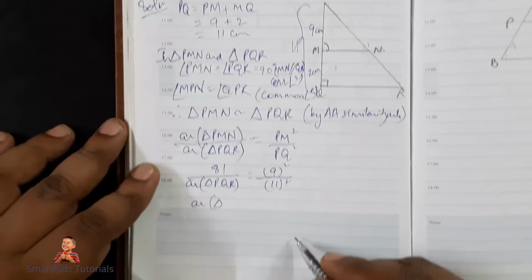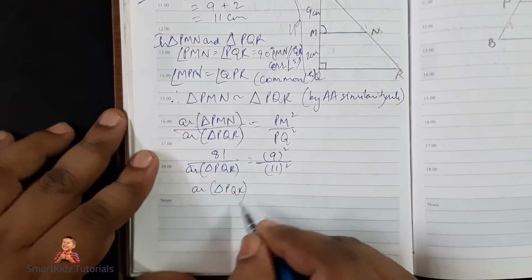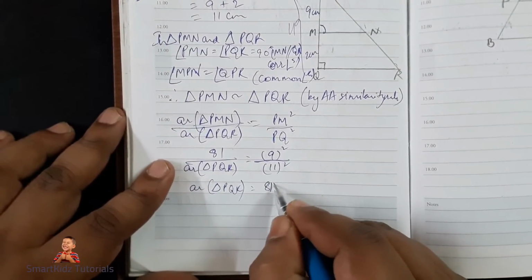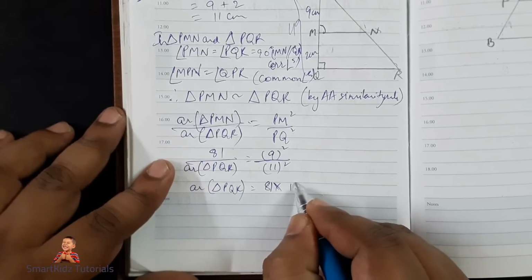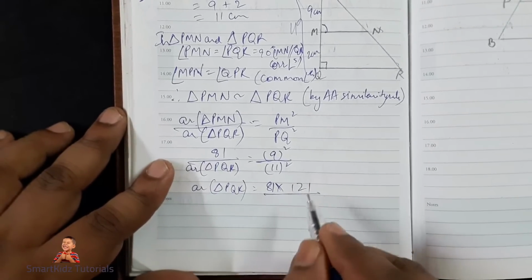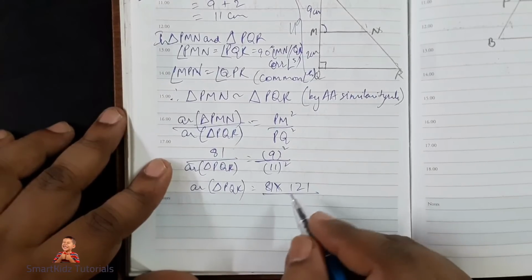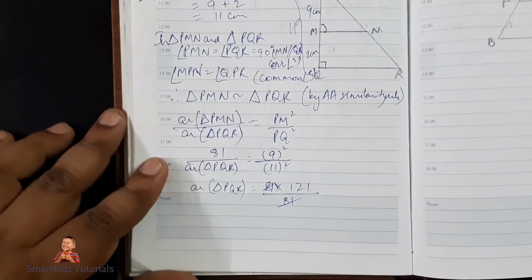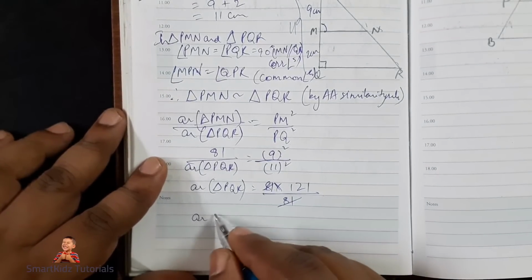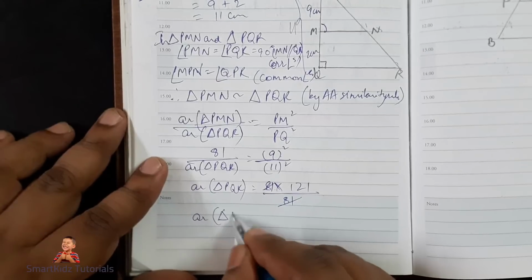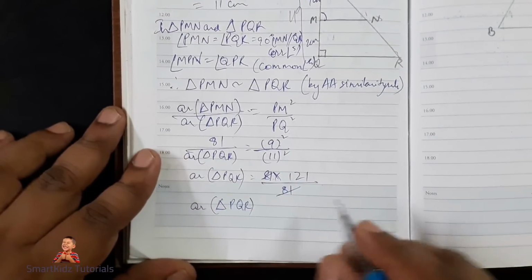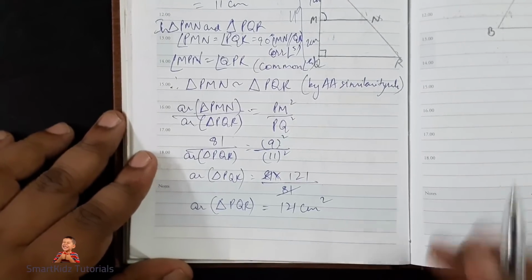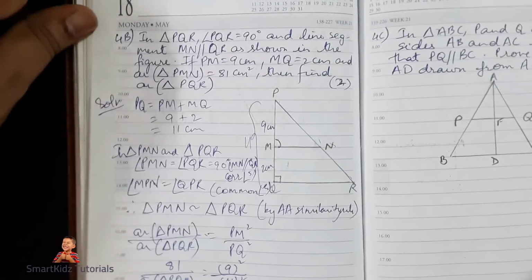Area of triangle PQR is equal to 81 into 121, that is 11 whole square, whole thing upon 9 square would be 81. 81 cancels, and we get area of triangle PQR equal to 121 square centimeters. Okay, so this is how we solve this problem for 2 marks.